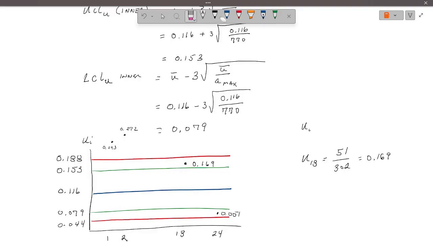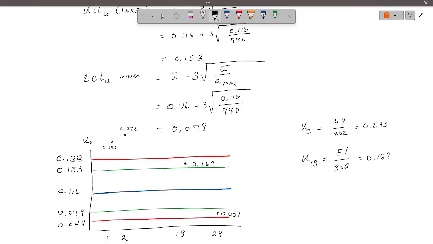And as long as we're having fun here, I might as well do this one. U1 was 49 over 202, and that came out as 0.243.